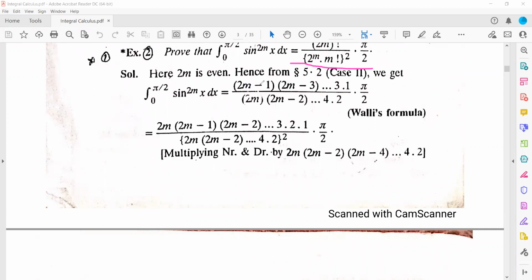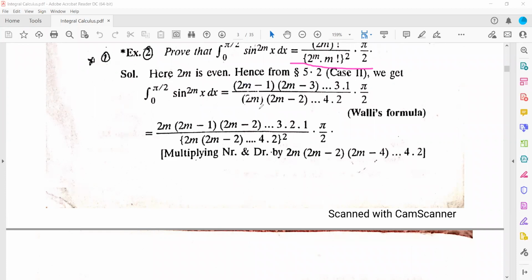Now see here. The numerator part is what? Twice m minus 1, twice m minus 3, twice m minus 5, then twice m minus 7, like this. The last terms will be 5, 3, 1. That means the numerator part is all odd.